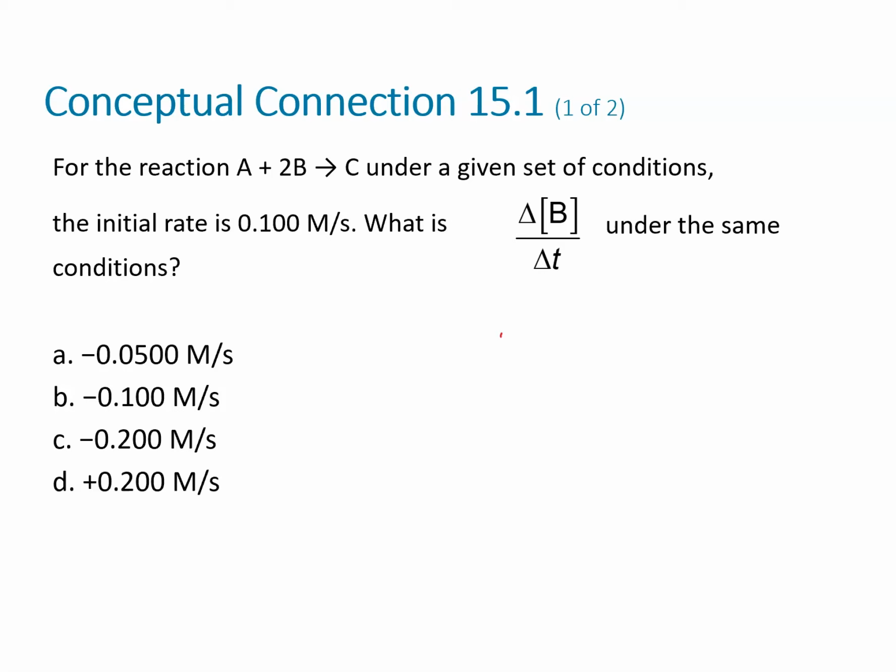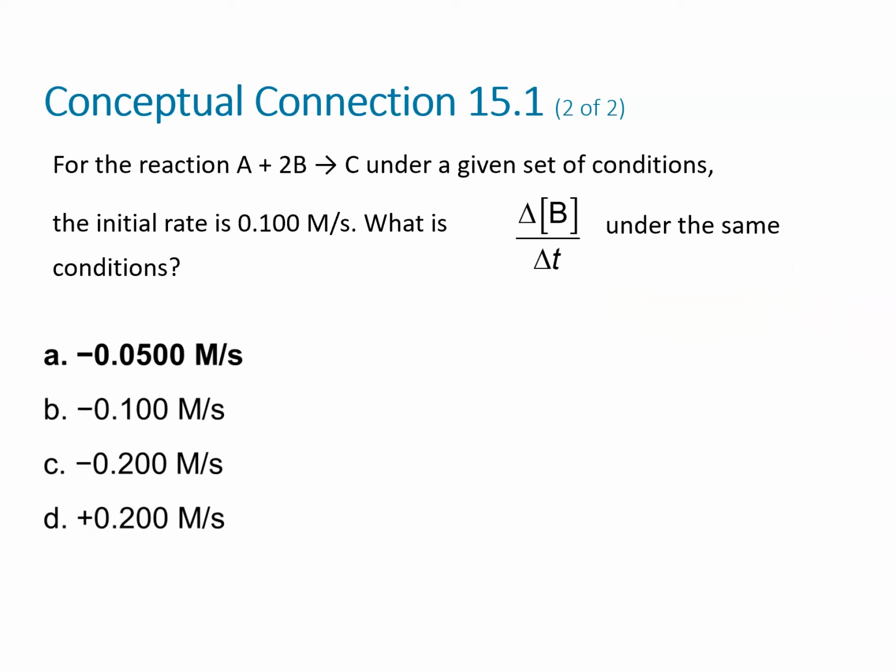So our correction factor is going to be negative 1/2 of 0.1 moles per liter per second. And I guess you guys can probably figure out that the correct answer is A because of that.